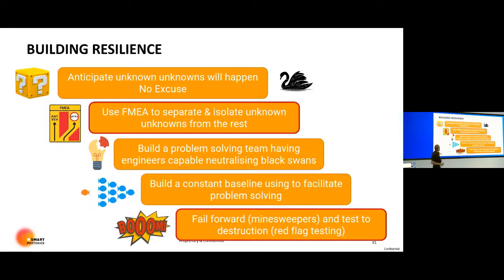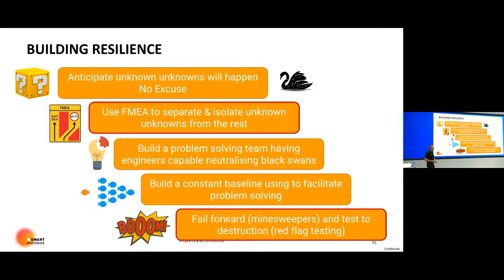Then you use the FMEA to separate and isolate the unknown knowns from the rest, and we've talked about that. Build a problem-solving team. This is really important. Try to recruit the brightest guys or girls, and particularly ones, I think, who have a quirk, because they look differently onto problems.